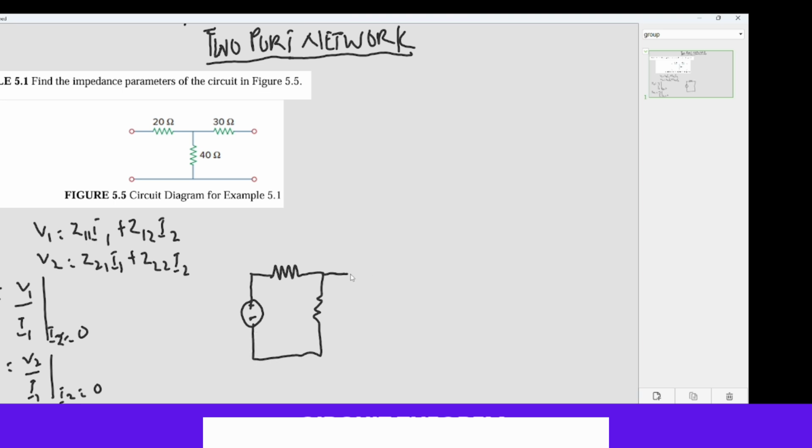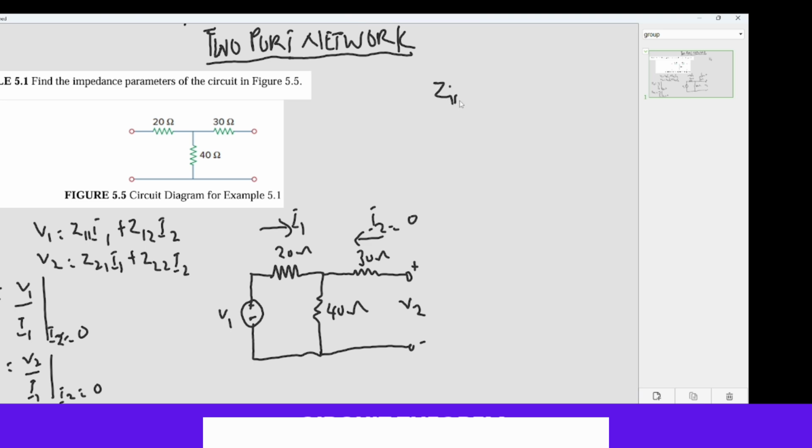Since my I2 is 0, I open circuit this part, and I make here V1 and here V2, minus plus. Although there's no current flowing to the right, there's still V2, right? So this is 30 ohms, but the current moving in this direction, I2, is equal to 0. And this is our 40 ohm, this is our 20 ohm. The current moving in this direction is I1, which has a value. So now, we want to find our Z11.